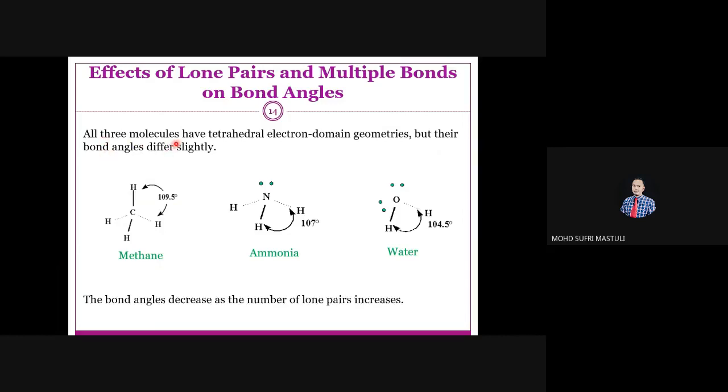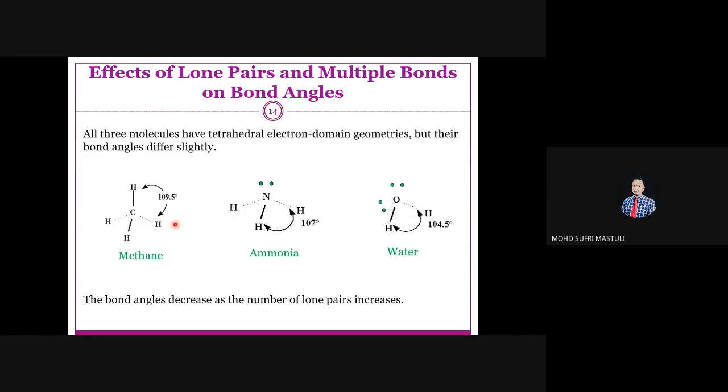All these three molecules have tetrahedral electron domain geometry. Why tetrahedral? Because of electron domain of 4. 1, 2, 3, 4. However, the angles differ slightly due to the presence of lone pair. One lone pair and also two lone pair.